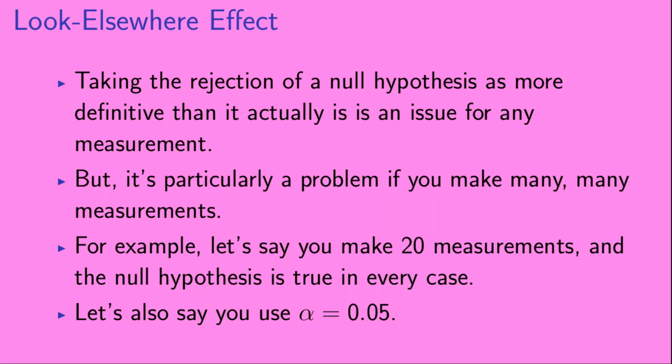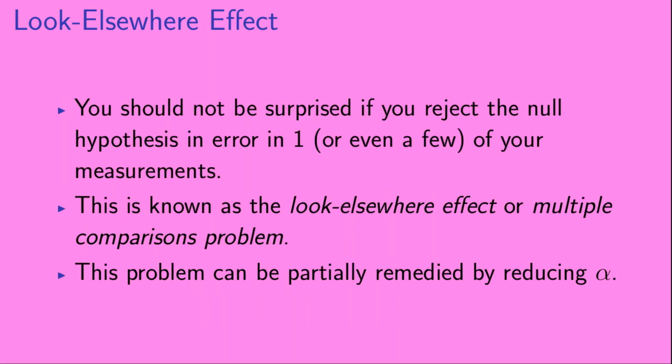Let's also say you use alpha equals 0.05. You should not be surprised if you reject the null hypothesis in error in 1 or even a few of your measurements. This is known as the look elsewhere effect or multiple comparisons problem.